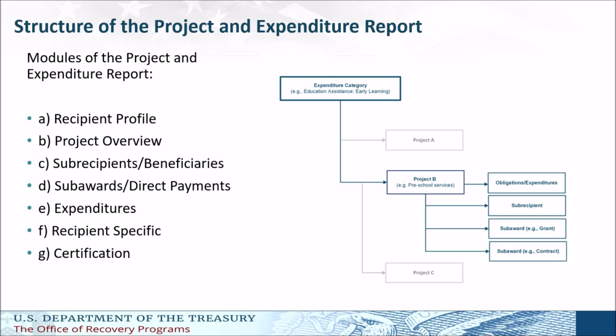In addition, the report requires information on the subrecipients or beneficiaries, subawards, either individual or in aggregate, and ultimately the expenditures associated with these awards for each project. The diagram on the slide in front of you is a simplified illustration of the relationships that exist between these sets of data. The multiple modules or screens in the report, in the portal, will help navigate recipients through the project and expenditure report.